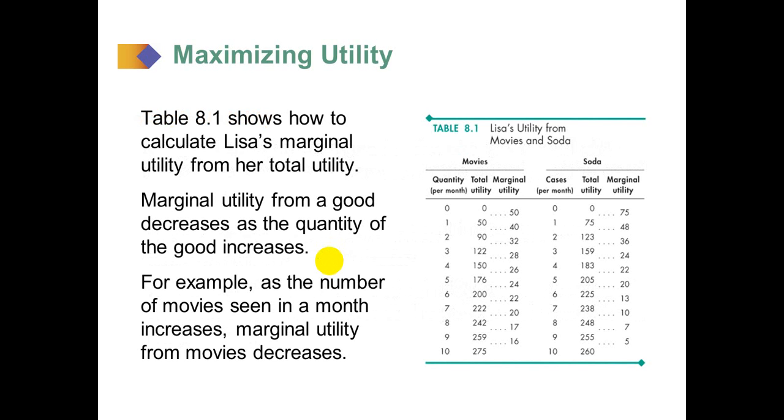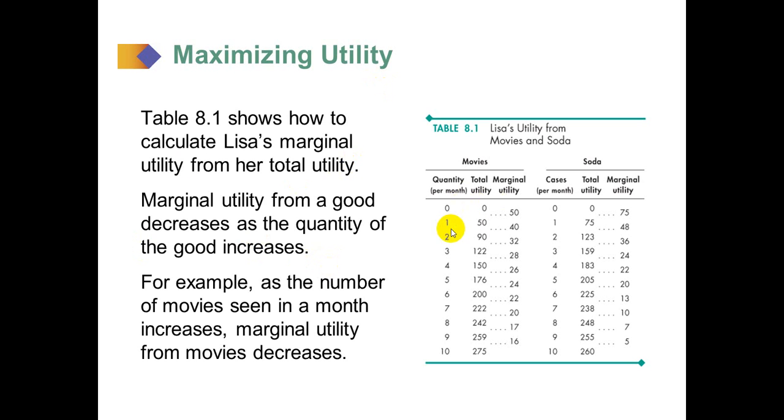The following table shows how to calculate marginal utility. As I explained five minutes ago, marginal utility from a good decreases as the quantity of the good increases. There is a negative relationship between the two variables. For example, as the number of movies seen in a month increases, marginal utility from movies decreases.